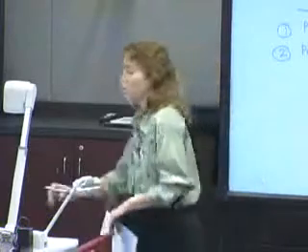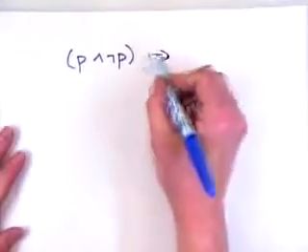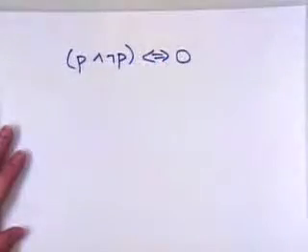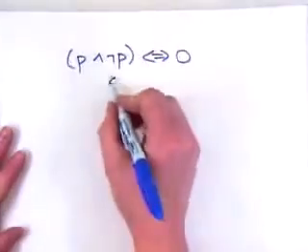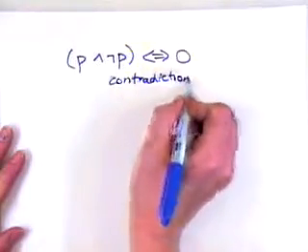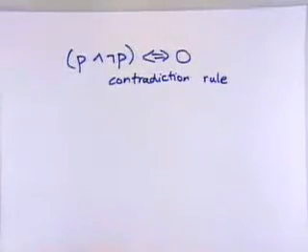Okay, so we'll write that down in logic terms. A contradiction is P and not P is logically equivalent to 0. And this is called the contradiction rule. So if I and P with its opposite, that's always false.